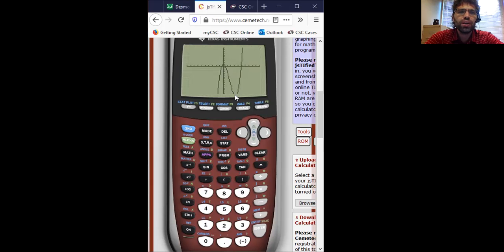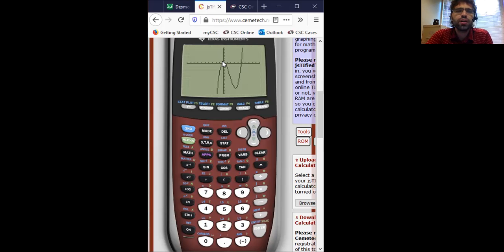There's a local minimum, and it's still happening just off screen. Maybe if we go down to -20, that would be enough. It is. And we need to be able to see our local extrema to find them with this calculator.